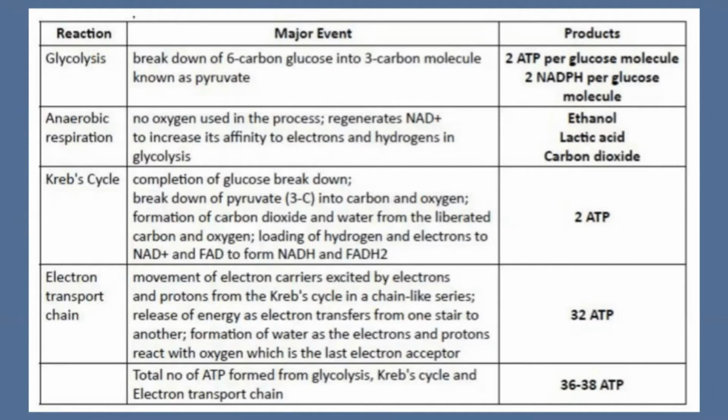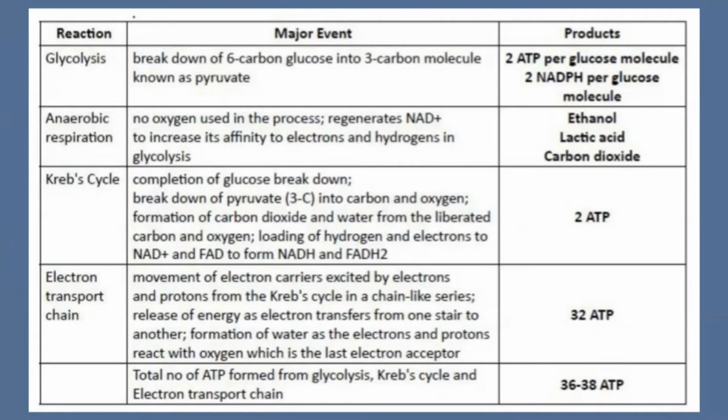And then followed by the Krebs cycle, or the completion of glucose breakdown. The acetyl-CoA na nanggaling dun sa pyruvate, dun sa glycolysis, runs a cycle of reaction, regenerating at the end of each cycle, and all of the electrons are passed to NADH and FADH.